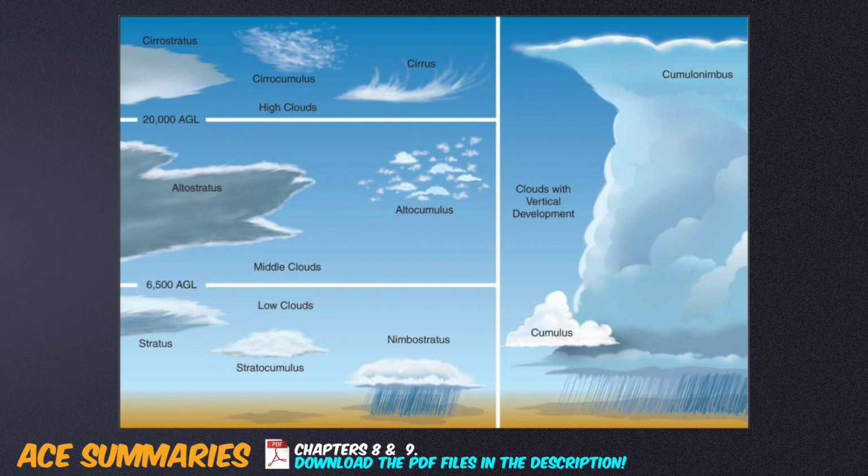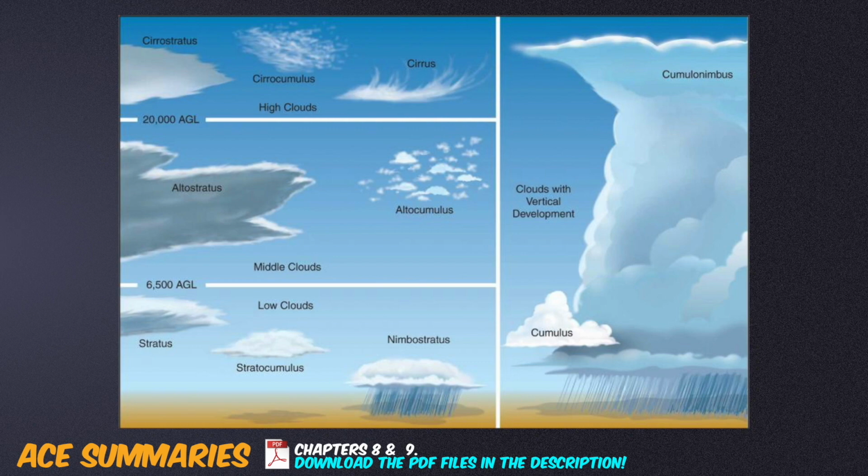Cirriform are fibrous clouds. Cumuliform are heaped clouds. Stratiform are layered clouds, and nimbus are rain-bearing clouds. All these groups are then subdivided with the following prefixes according to the height of their base. Cirro, if the base is high, above 16 to 20,000 feet.